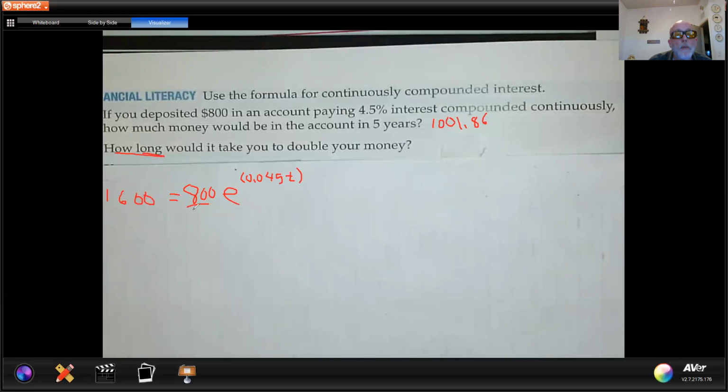So I have to divide by 800, divide by 800. And what do I get? I get 2 equals E to the 0.045t power, right?